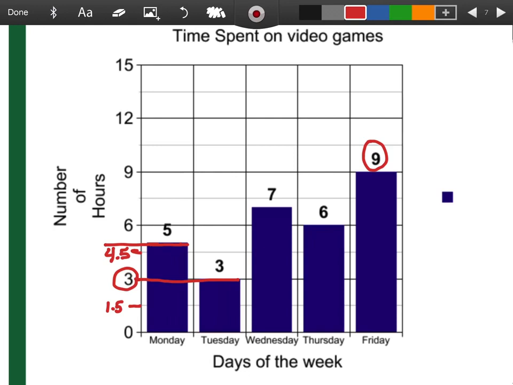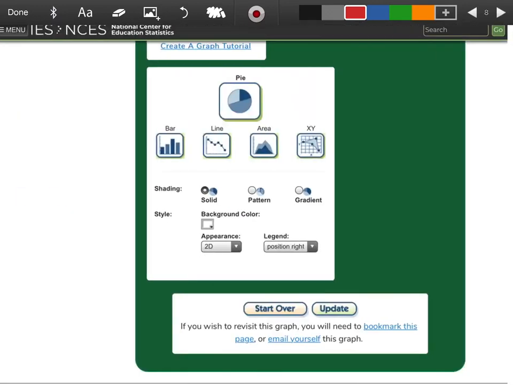Okay. So again, this is what your final should look like. Last week we played with circle graphs. Well, if you go back into the main piece, instead of having a bar graph, you can switch to a pie graph. And I do want you to go back and do that as well for the same data. You do not have to change anything else, just the type of graph. It'll give you a warning that says, hey, this might change something. It's okay. Go ahead and do it.